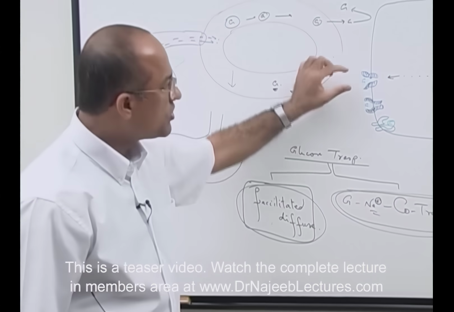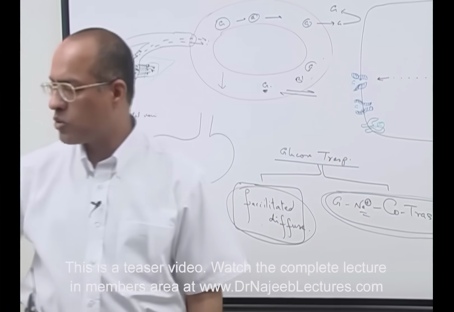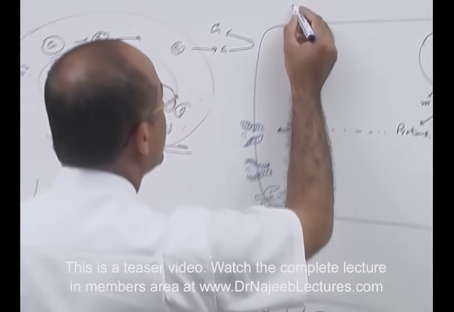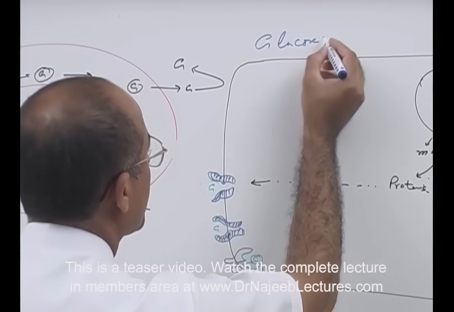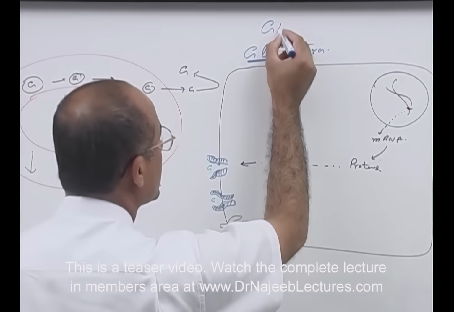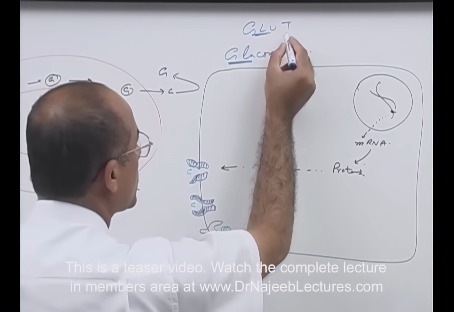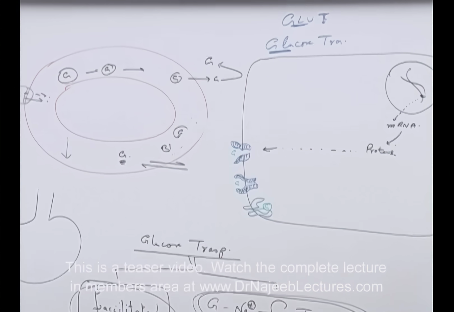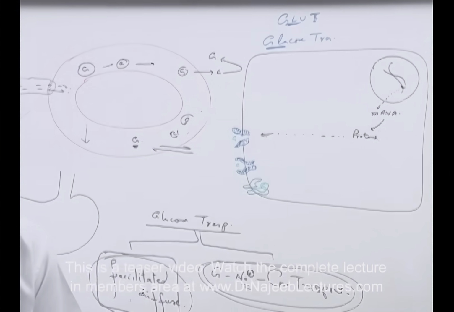Such proteins are called glucose transporters, and from G for glucose and T for transporters, we simply call it GLUT, G-L-U-T.